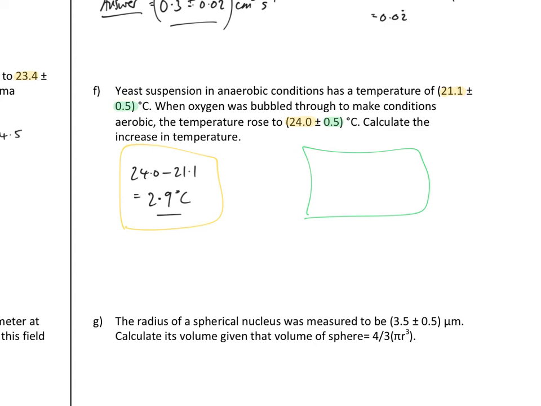I've got 0.5. Remember we add the uncertainties, so plus 0.5, both 0.5, which equals 1.0. So my answer equals 2.9 plus or minus 1.0, and that's degrees C. That's the increase in temperature due to aerobic conditions. Again, nice easy one. A couple of marks for that one, not 3.